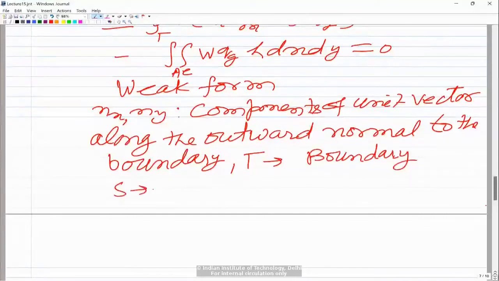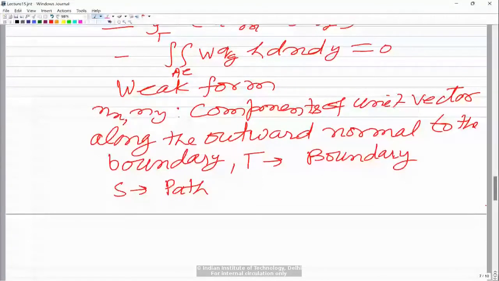This is the path coordinate along the boundary, a kind of measure of the length along the boundary.